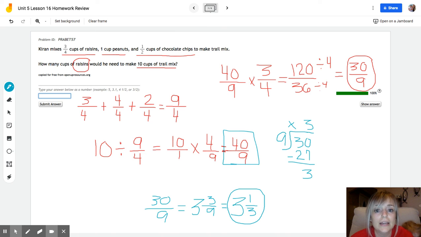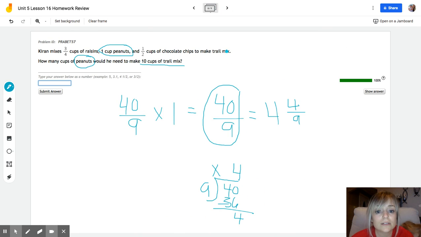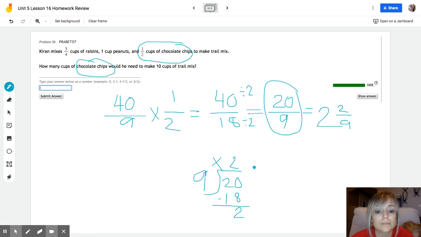Okay. And then if you actually added all of these together, you would get 10. 3 3/9 plus 4 4/9 plus 2 2/9. So you know what? I'll just go ahead and show you that.